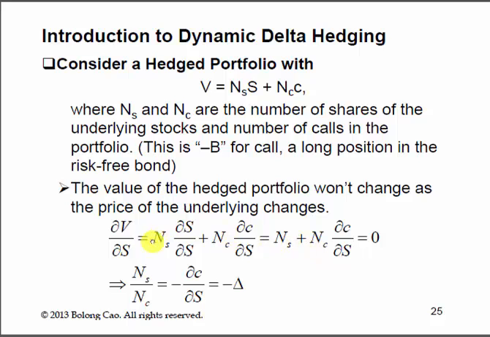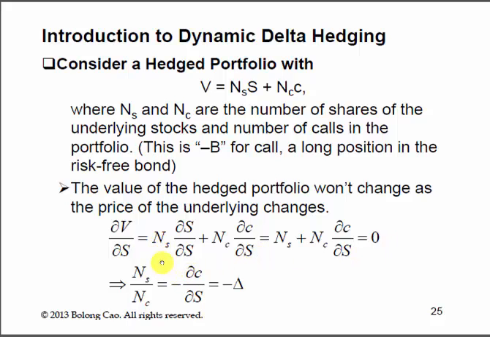So that's saying basically, if we want this hedge, the change in the stock position value can cancel the change in the options position value. Make sure this change is 0.